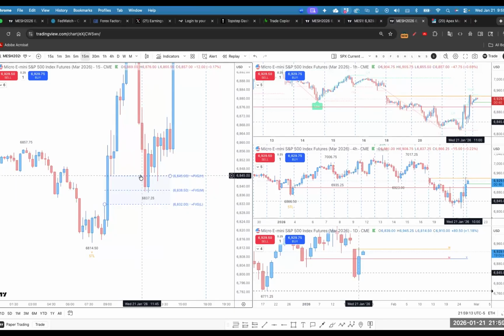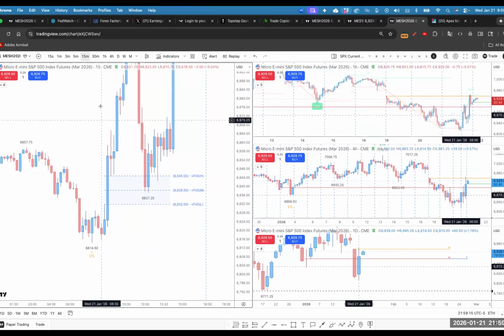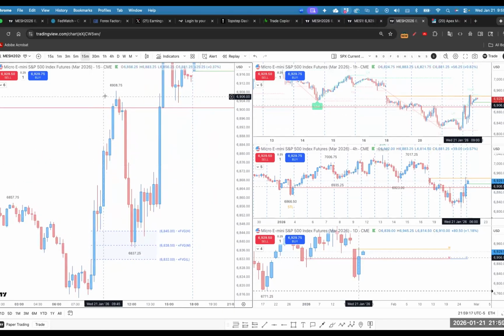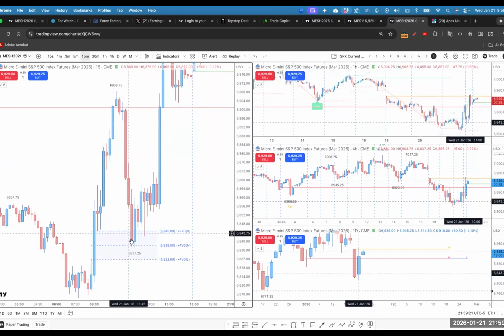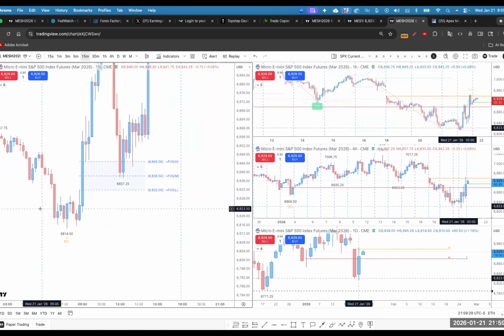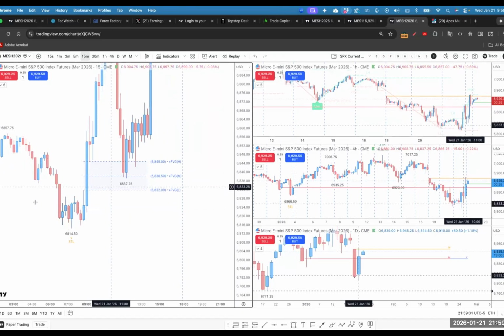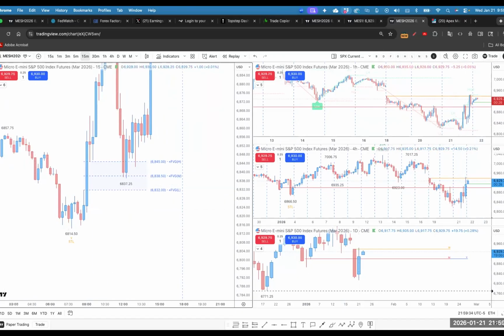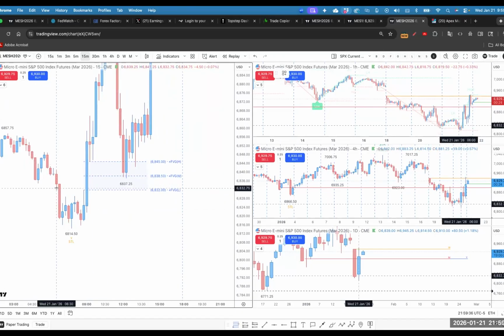You can see, once we pushed up and made this high and retraced all the way back down to this fair value gap. The reason I came back to this fair value gap in particular is because this is where the moves start.